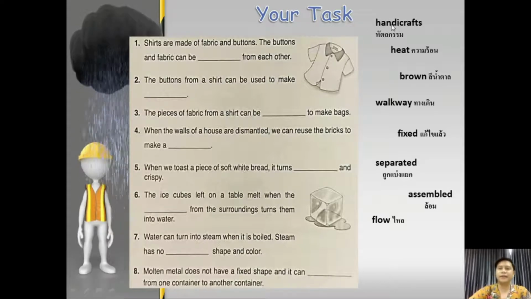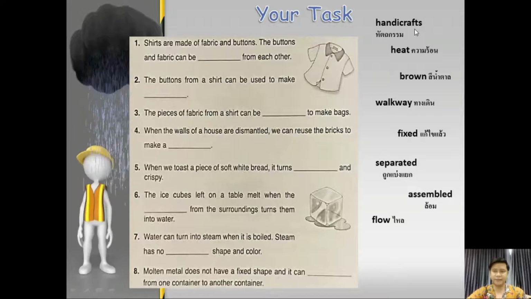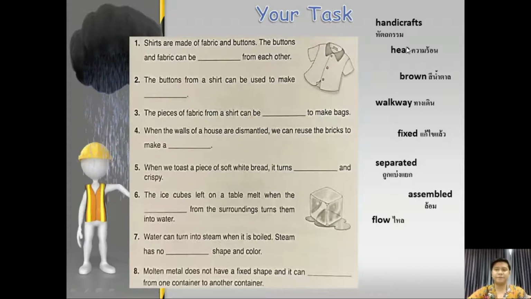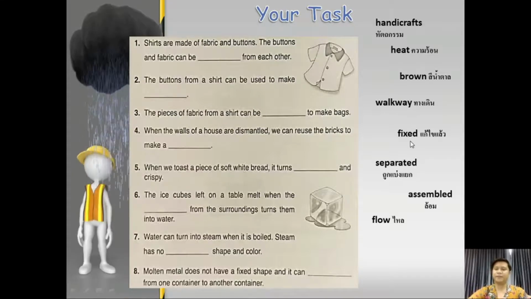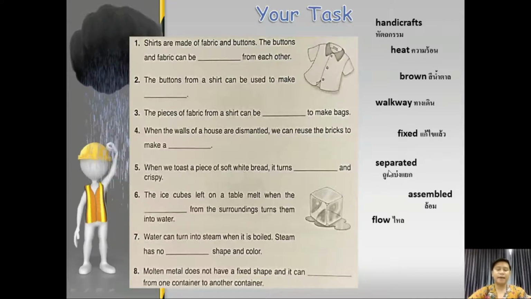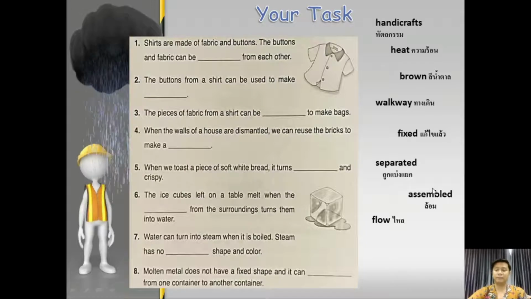First, let us read: handicrafts, heat, brown, walkway, fixed, separated, assembled, flow. So let's start with number 1.